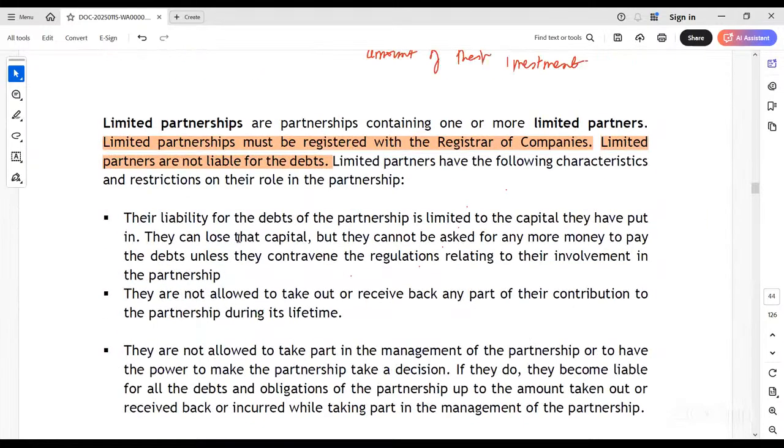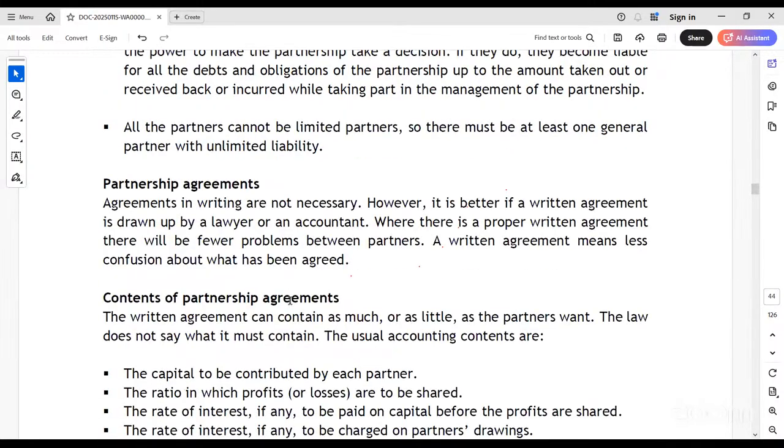You'll see more characteristics of limited partnerships down there, but I'll try to elaborate more about that.